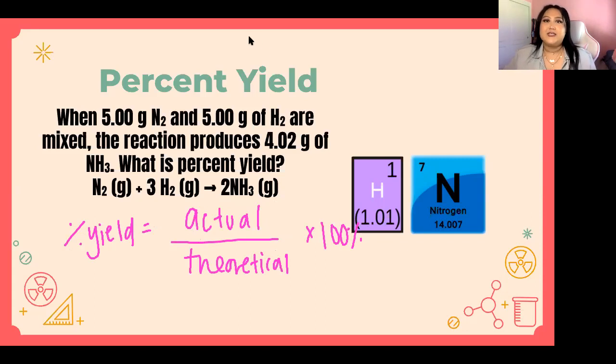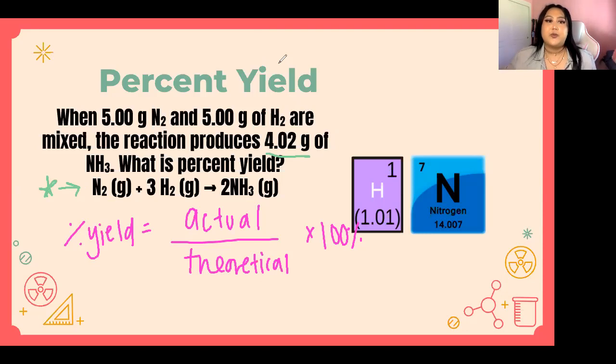Perfect. So when it says the reaction produces 4.02 grams, is that actual or theoretical? Actual, yeah. So they probably did an experiment and this is what they got. Theoretical is always calculated and it's derived from the chemical equation itself.